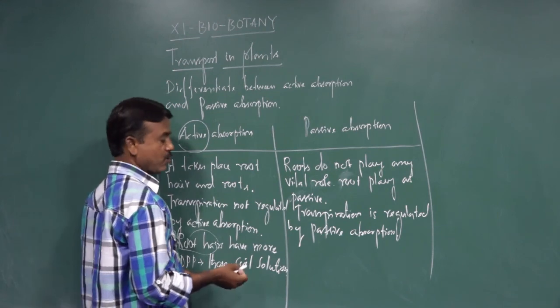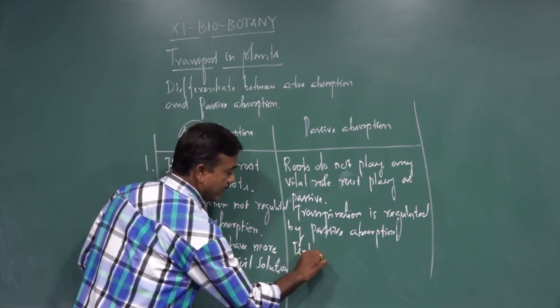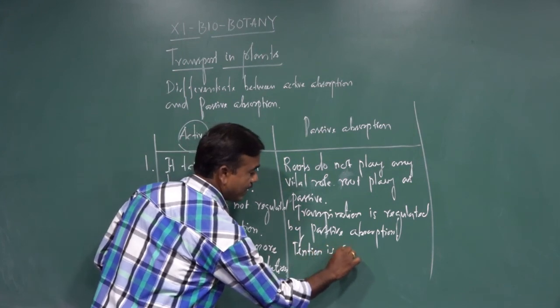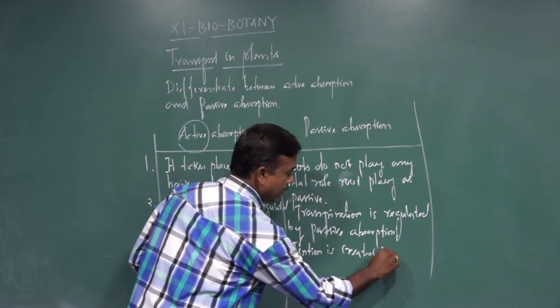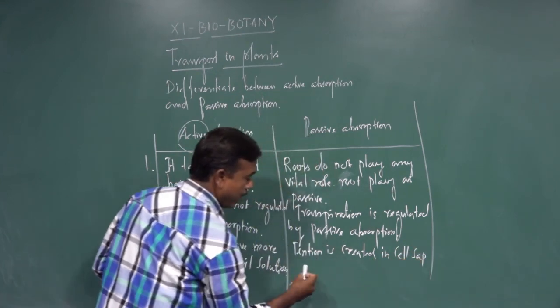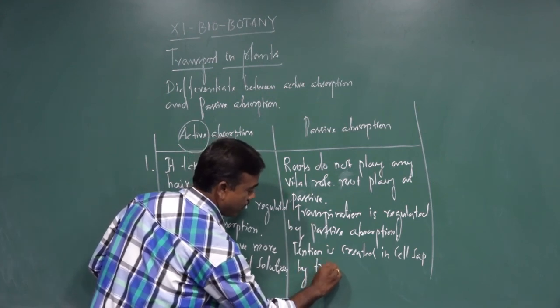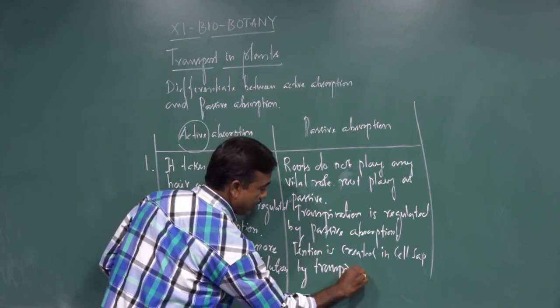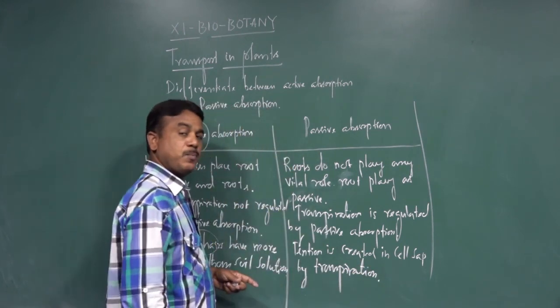In the third one, passive absorption is commonly called as: tension is created in the cell sap by transpiration pull.